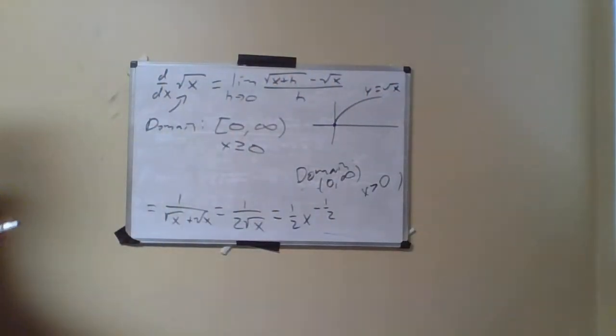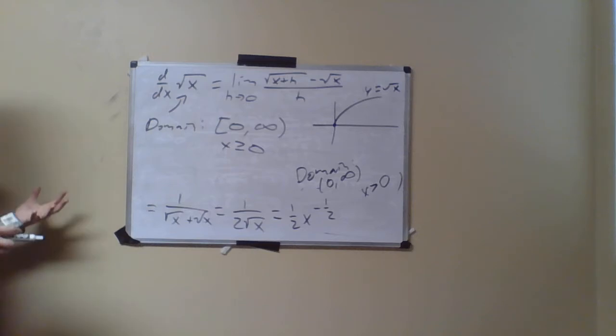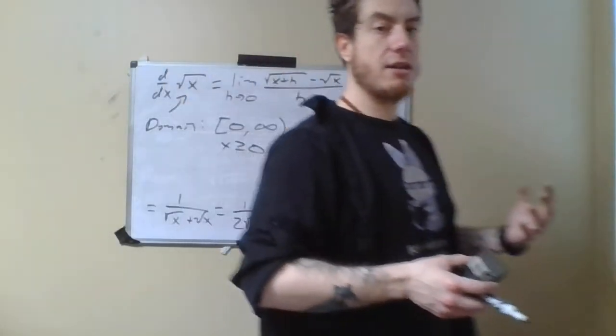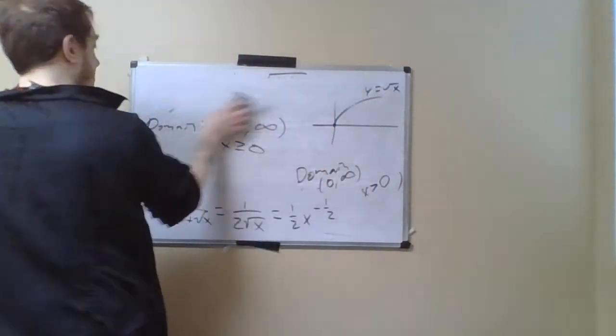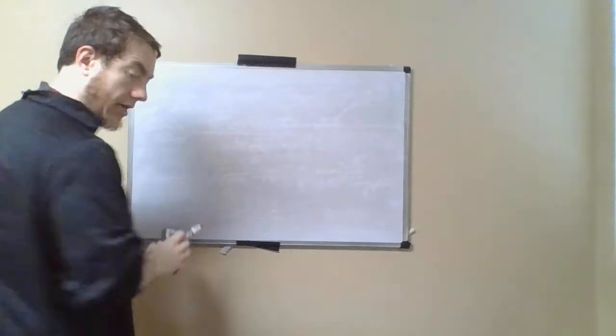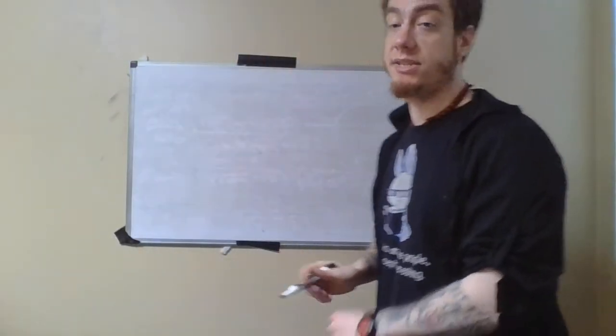So one of the things to notice here is that just because a function is defined at a point doesn't mean its derivative will be defined at that point. And here is what we say.